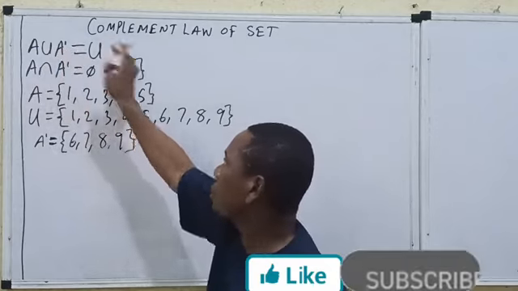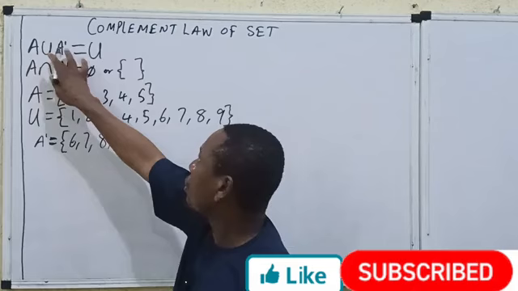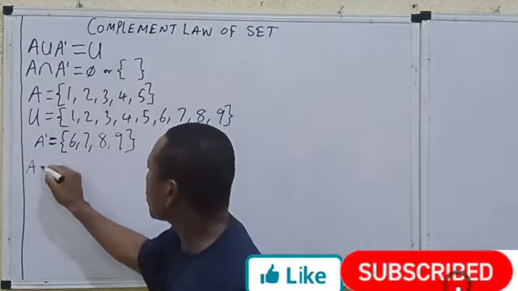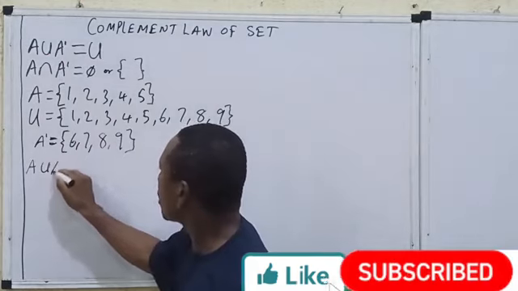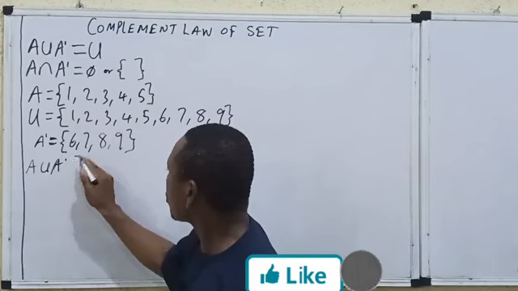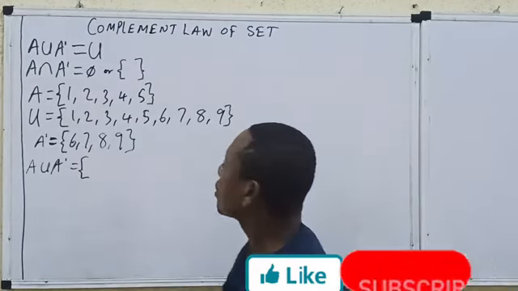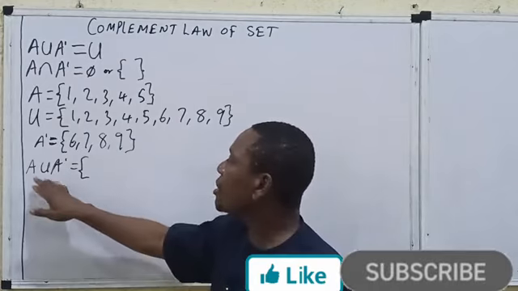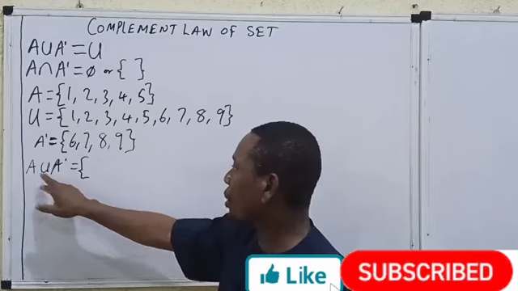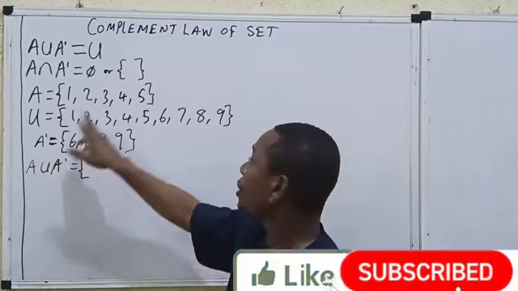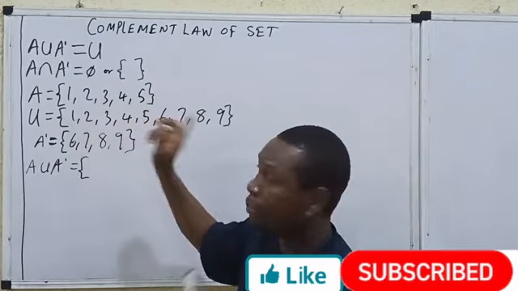A union A complement. So let's look for that. Remember, union means everything that is here and here. We want to combine these two together. But if an element is repeating itself, you pick one.